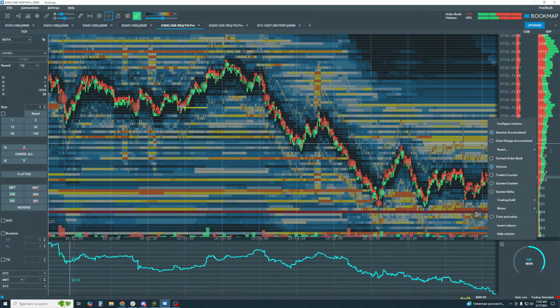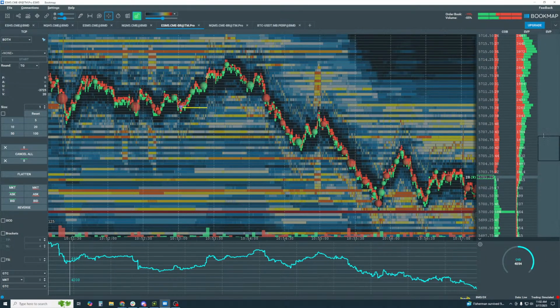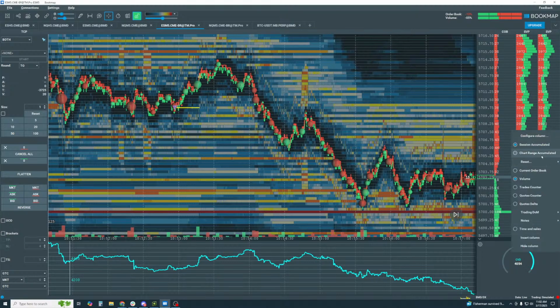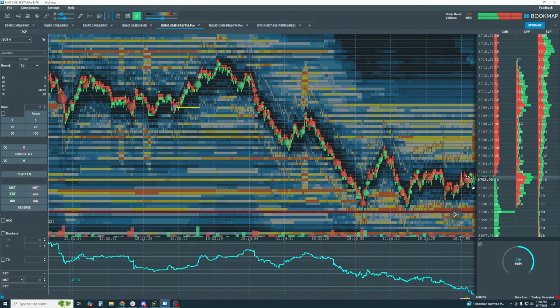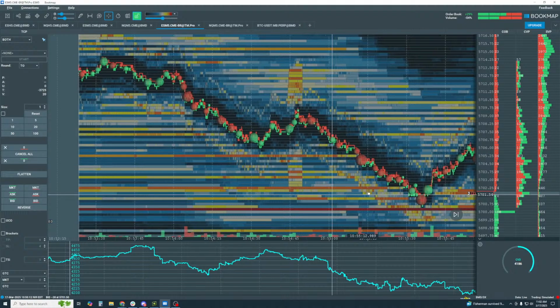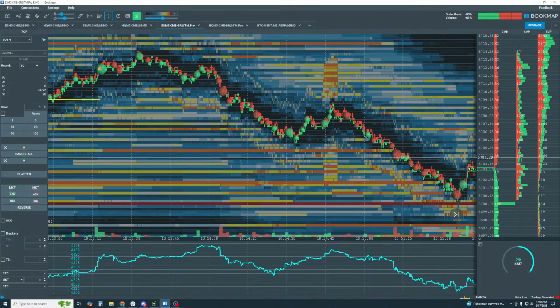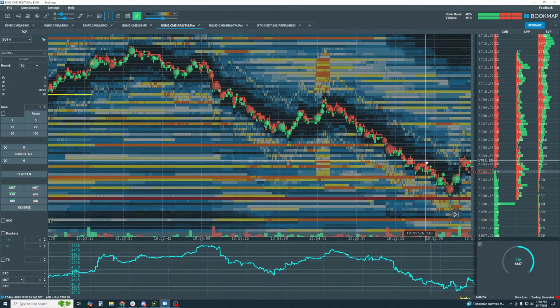In fact, we'll have to add in a column here. This is what I mean in here. Well, it's not quite tapered in here. It is on the SVP, but not the CVP, chart range volume profile.